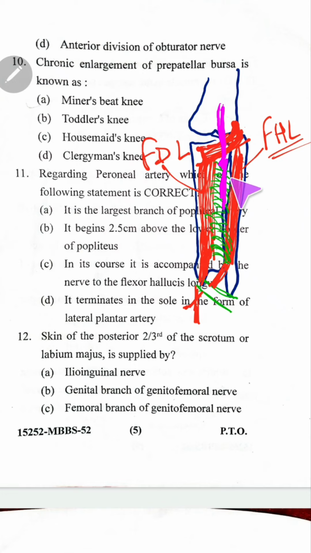But because there is a muscle arising from the interosseous membrane posteriorly, tibialis posterior, which I haven't drawn here, the posterior tibial artery will run on the tibialis posterior and descend down like this.